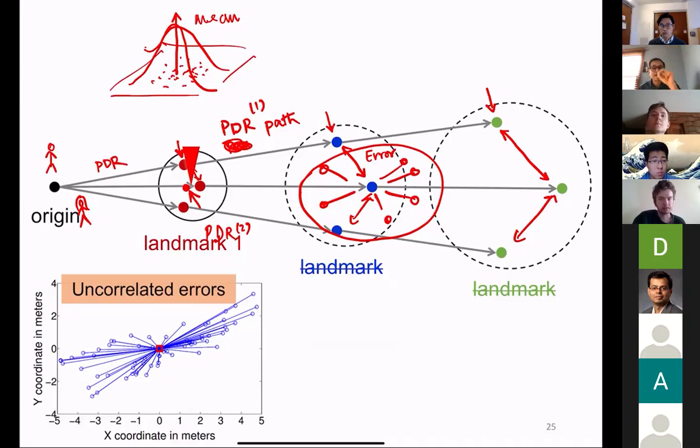The errors across different people would be uncorrelated. As a result, we can think of each landmark location estimate as a distribution, and we'll take the mean of that distribution through a maximum likelihood estimate. And once we get the mean, we say, my estimate of the landmark is wrong. Actually, the landmark is here. Therefore, I correct my PDR based on that landmark location, and I keep doing that.